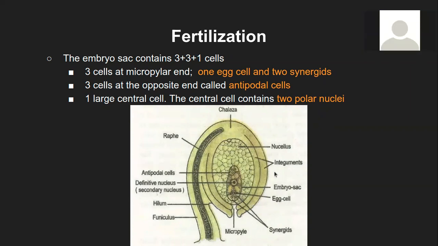Sir, in the seed, there is one part which will become a future seed and one part which will become a future fruit. Not really. The ovary of the flower will become the fruit, and the ovule within that ovary will become the seeds.